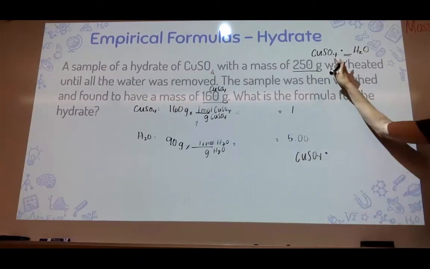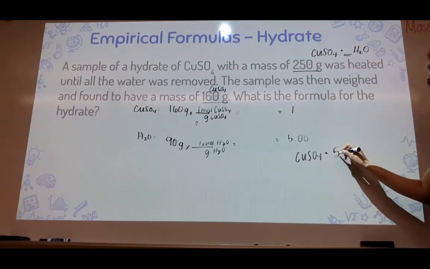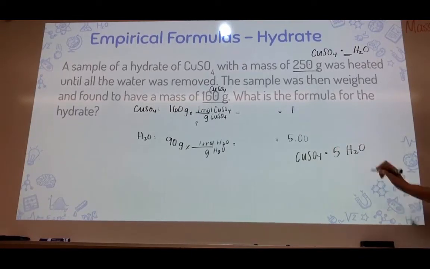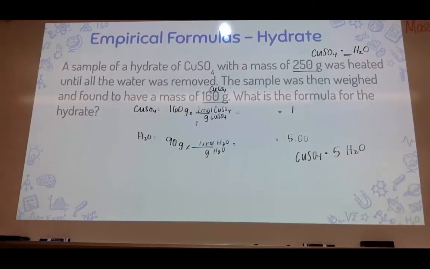And hydrates are always represented by dot, certain number of H2Os. So when it says what's the formula for the hydrate, it'd be CuSO4·5H2O. So hydrates can be used in the same manner when you're looking at these empirical formulas.